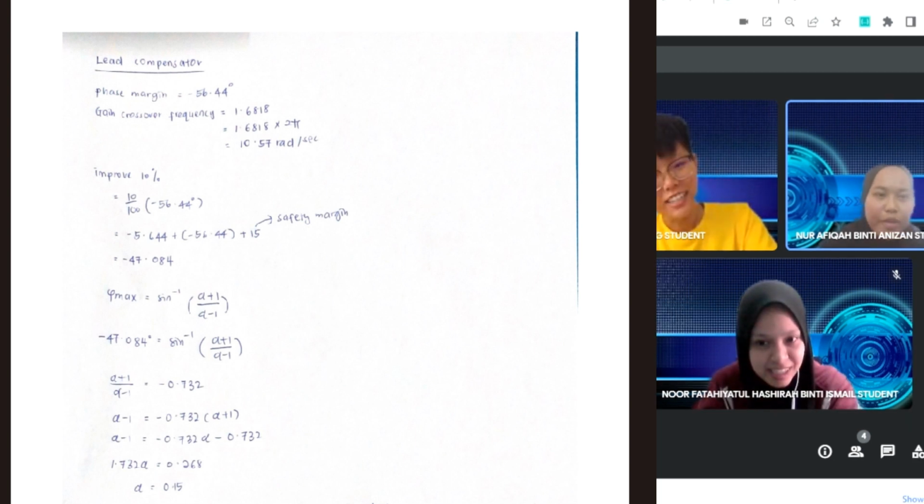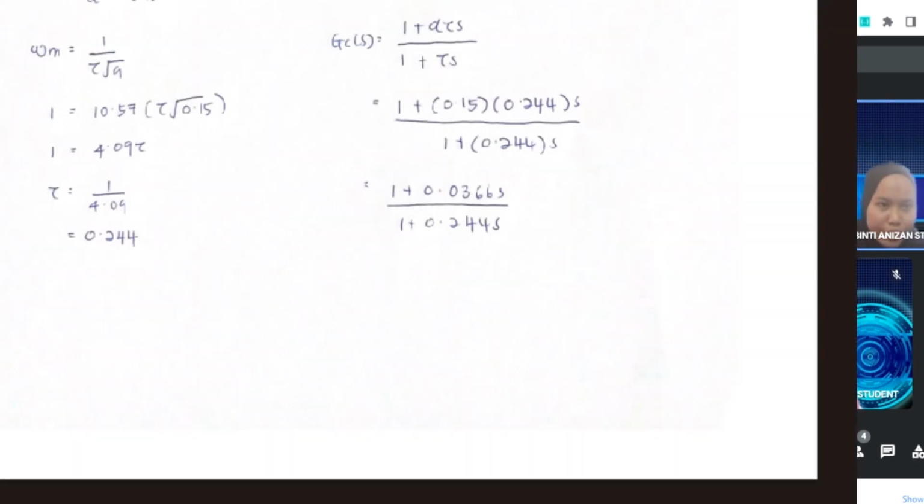The alpha value 0.15 we put into the gain crossover frequency formula, omega n equal to 1 over tau square root alpha, which gives the tau value 0.244. From this value, we put into the new transfer function formula and got the new transfer function 1 plus 0.0366s over 1 plus 0.244s.